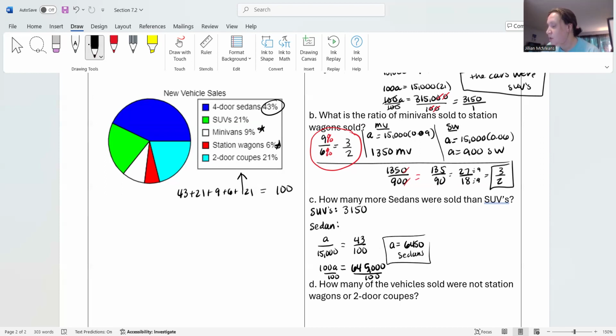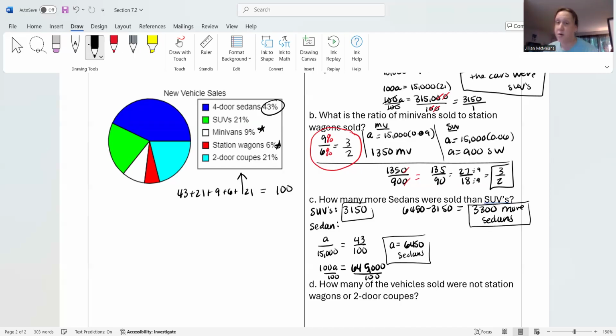Okay, so the question was how many more sedans were sold than SUVs? So we would take 6,450, subtract 3,150, and we get 3,300 more sedans.